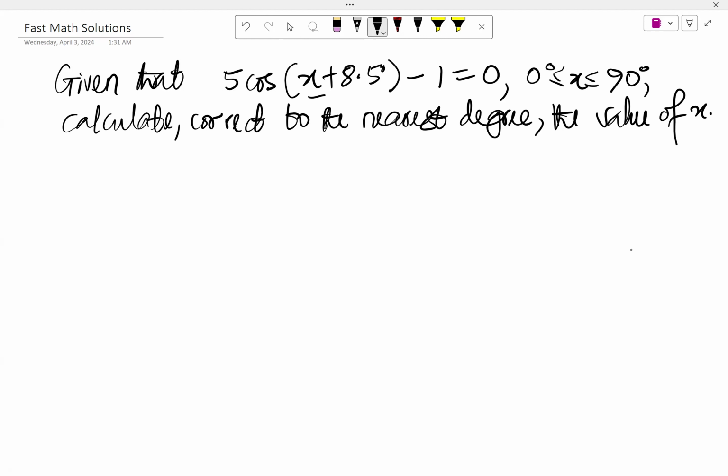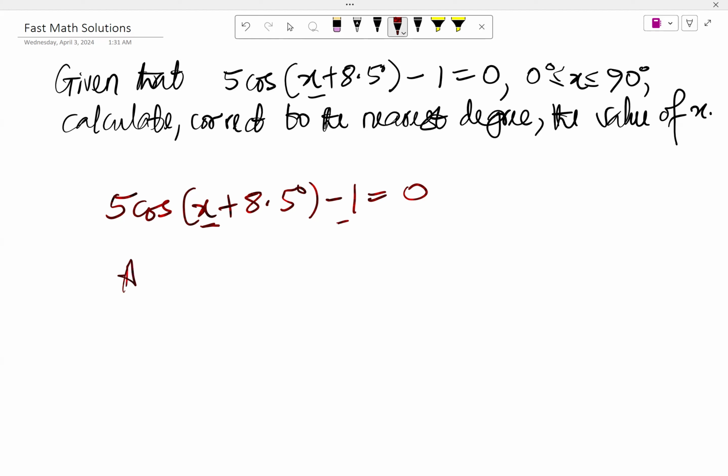Okay, so let's go. We have 5 cos(x + 8.5 degrees) minus 1 equals 0, and x is our target. So everything disturbing x we have to get rid of. The first thing I see here is this minus 1. It has to go, so we add 1 to both sides.